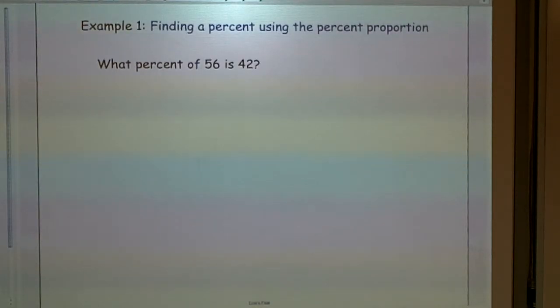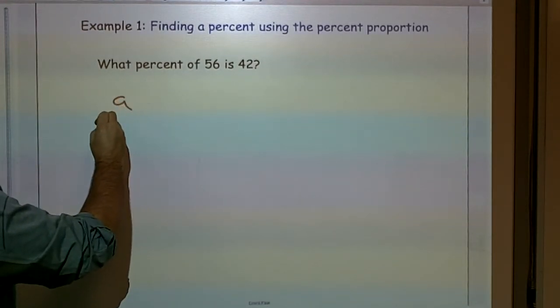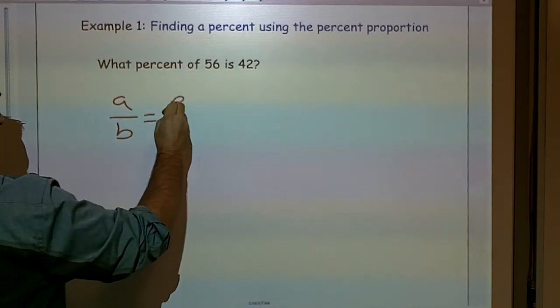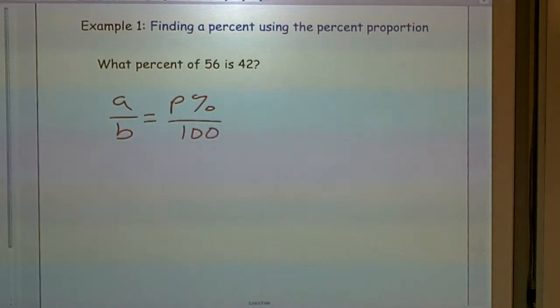Alright, so example number 1, finding a percent using the percent proportion. What percent of 56 is 42? First of all, we need to write out our percent proportion: A over B is equal to P percent over 100. And then we need to ask ourselves, what exactly is our part and what is our whole?